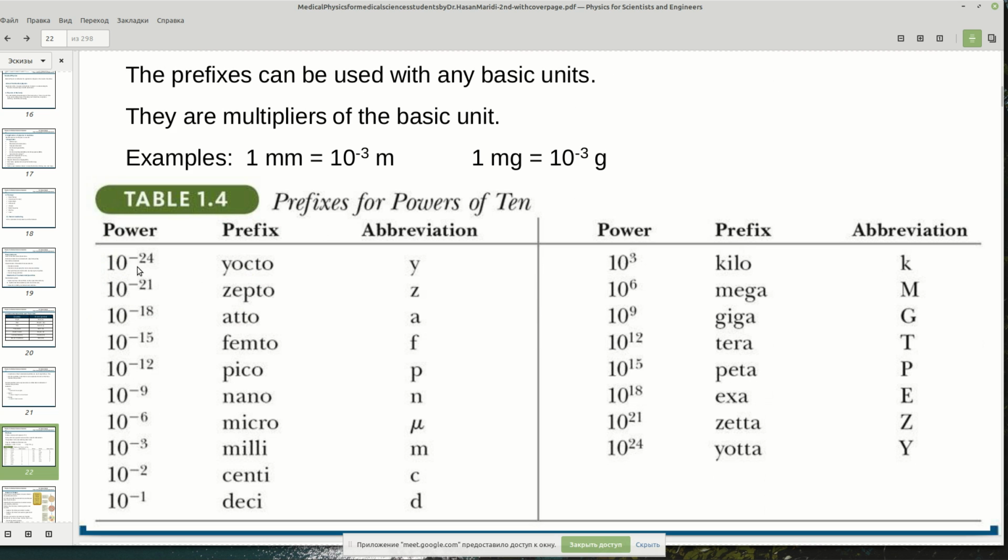Something like that. So we have prefixes for powers of 10. Here is our kilogram, yes, kilometer. Here is our megawatt. It's 10 to the power of 6.